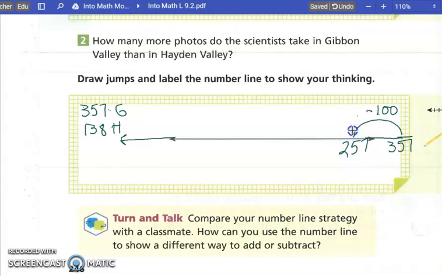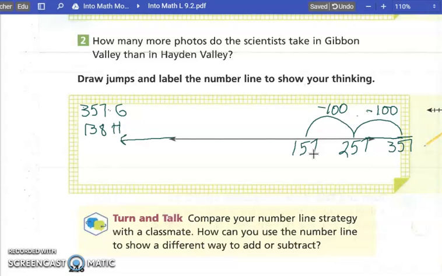Now what do you think we should take away? Should we take another 100 away? Yeah, we should. So now we're at 157. Can we take another 100 away and still be greater than 138?